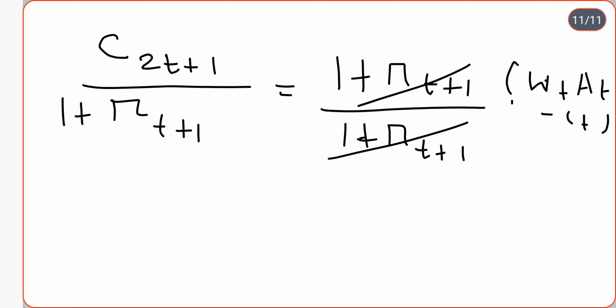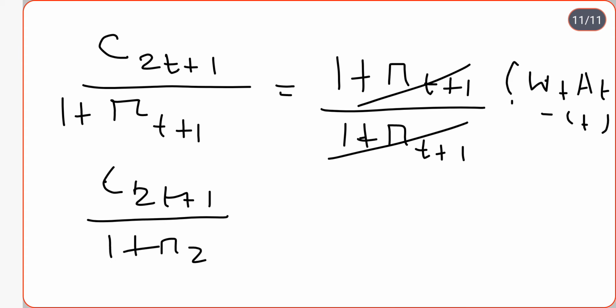So this part and this part will cancel out. We have only remaining C2T plus 1 divided by 1 plus R to T plus 1 equals WT AT minus CT. So this is what we have now.